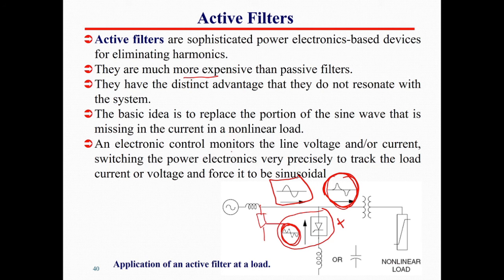An electronic control monitors the line voltage and/or current, then it will switch the electronics very precisely to track the load current or voltage and force it to be sinusoidal. Okay, so any missing component will be provided by those electronic devices such that the current taken from the source will be sinusoidal.